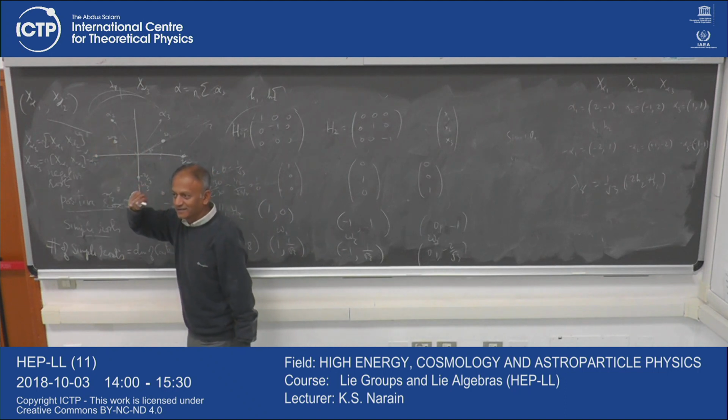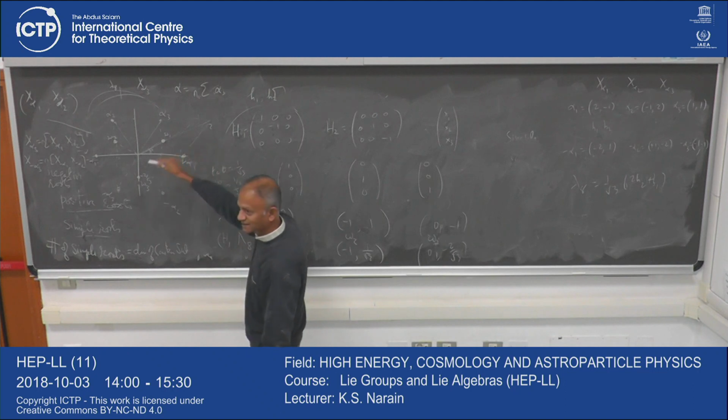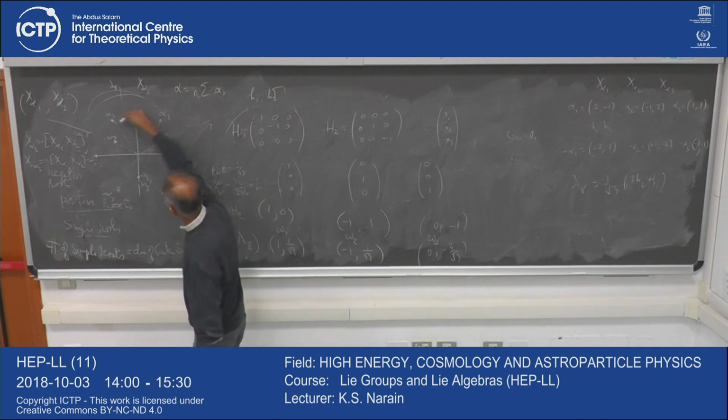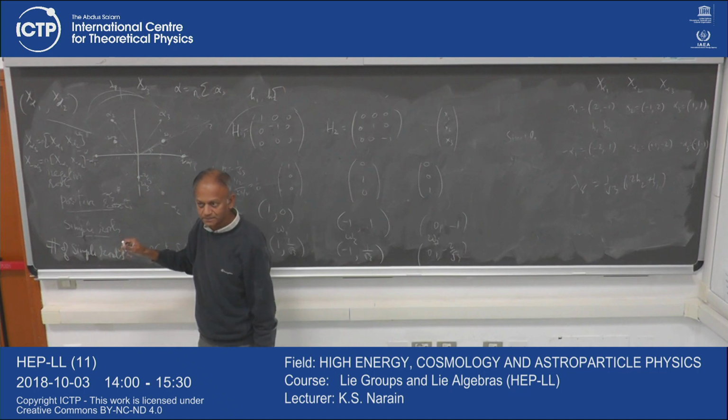Annihilated. Is this one, you see, because if I apply x alpha 1 on that, I'm going to get something here, right? But there's no such thing in this representation. Similarly, if I apply this here, starting from here, I will get something here, right? Again, it's not there. So this is the highest weight of this representation.